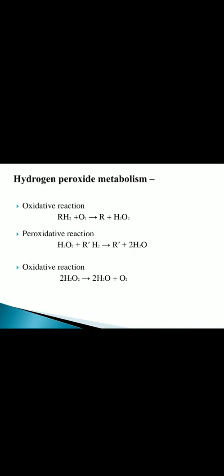This type of reaction, which is carried out by the catalase, is called a peroxidation reaction. This peroxidation reaction is important in the liver and kidney, which help to detoxify various toxic molecules that are going to enter into the bloodstream. Half of the alcohol we drink is oxidized to acetaldehyde by this reaction.